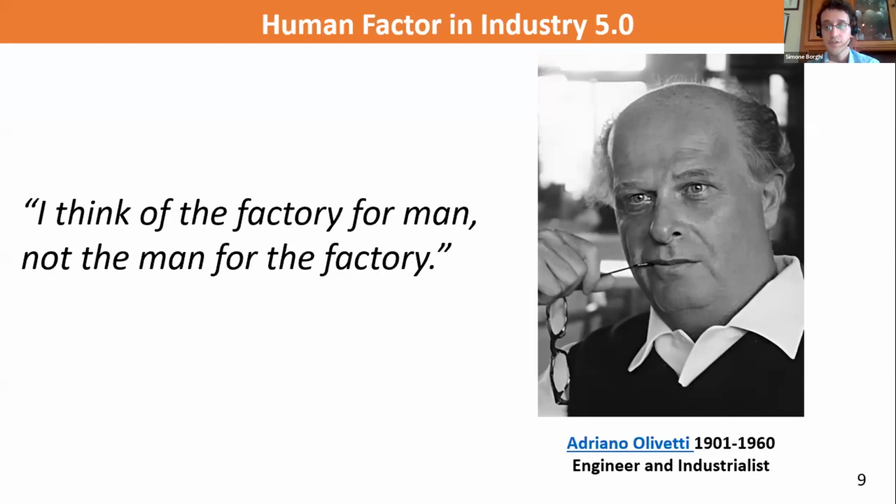This human-centric approach not only fosters greater acceptance and adoption of new technologies, but also ensures that the benefits of Industry 5.0 are realized by all stakeholders, leading to a more sustainable and inclusive future of manufacturing, production, and industry. So, how can we really put the human at the center of the production system and design adaptive technologies?